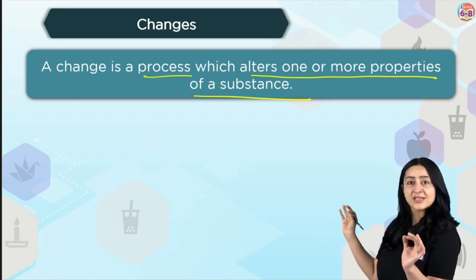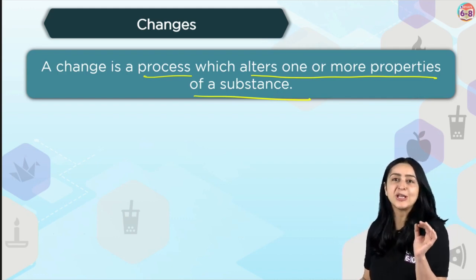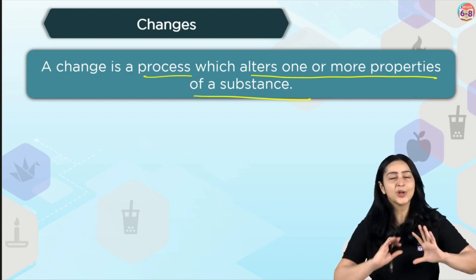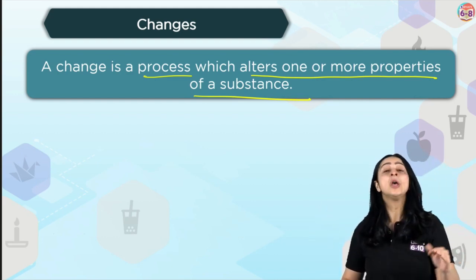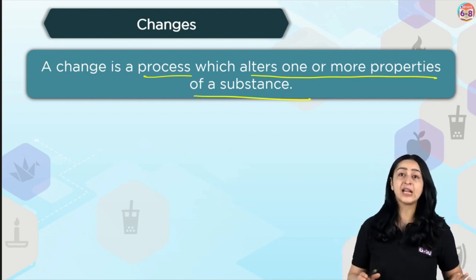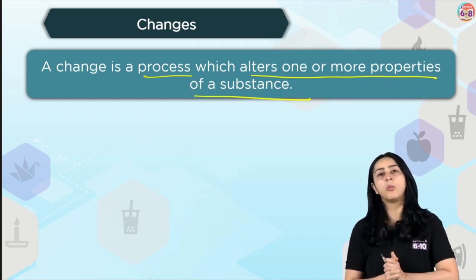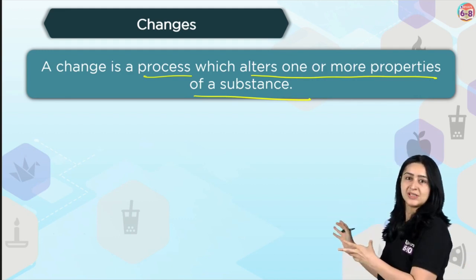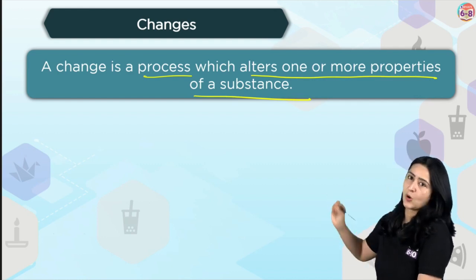A change is a process which alters one or more properties of a substance. Now, you don't need to bother too much about this. I'm going to explain this definition in detail so that you will understand exactly what we mean. But yes, definitely, if you get a question in your exam asking what is a change, then this is what you will say. A change is a process which alters one or more properties of a substance.